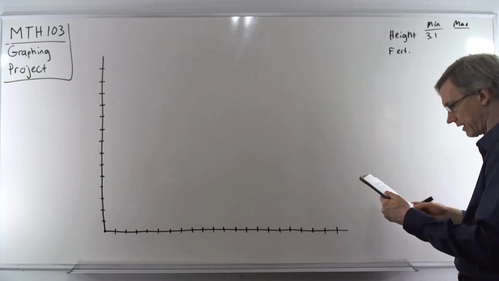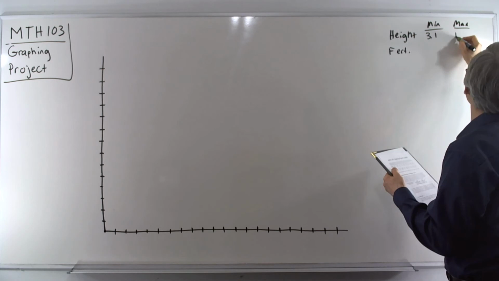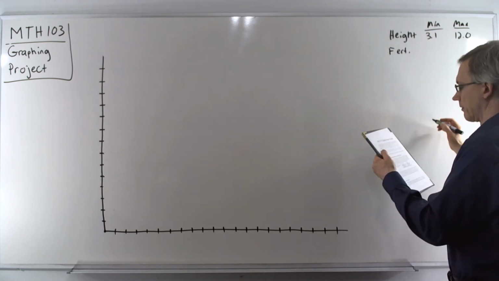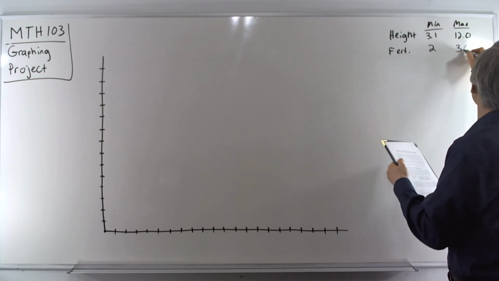The maximum value for the height is 12.0. And for fertilizer, we have a minimum value of 2 and a maximum value of 36.